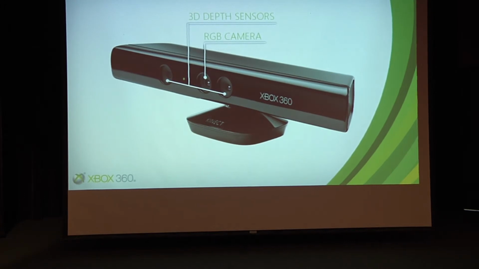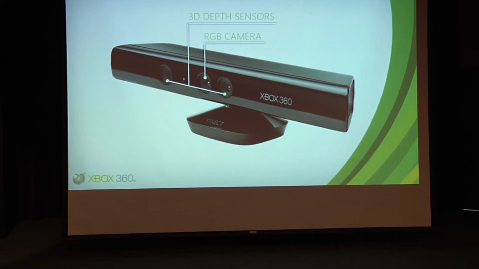And the way it works is, on the left here, this is a 3D projector. It's a very small, very low power infrared laser that emits a pattern in the scene in front of it. And if you're concerned about it emitting infrared and whether it is safe, let me assure you that the power of the infrared laser is a fraction of the infrared we receive just by heading out in sunlight, right?